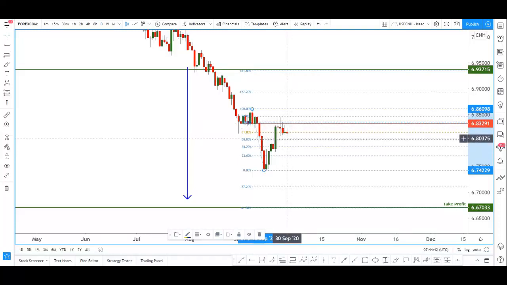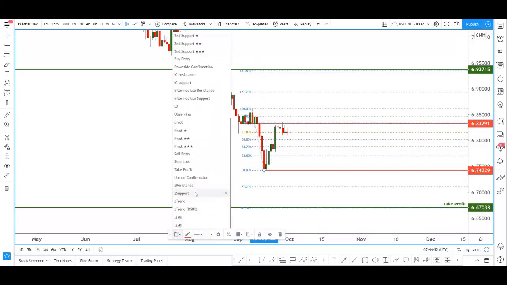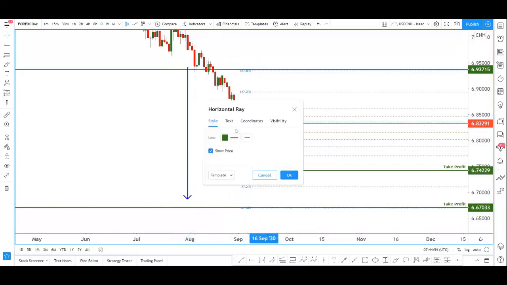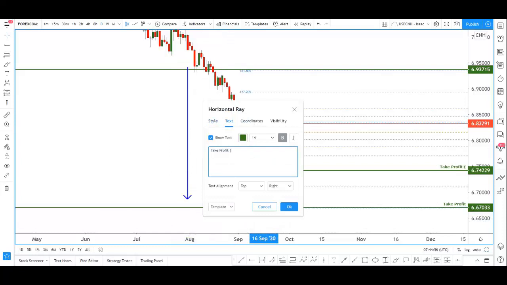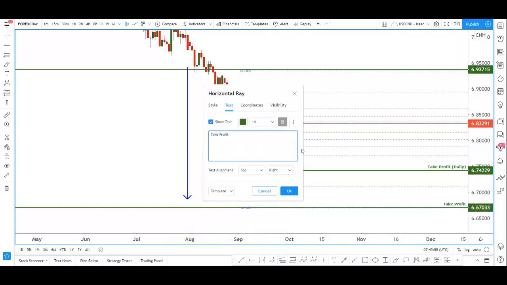So for the daily target, we can have a daily target at the last swing low. This can be a daily take profit, and of course this is our long-term take profit.